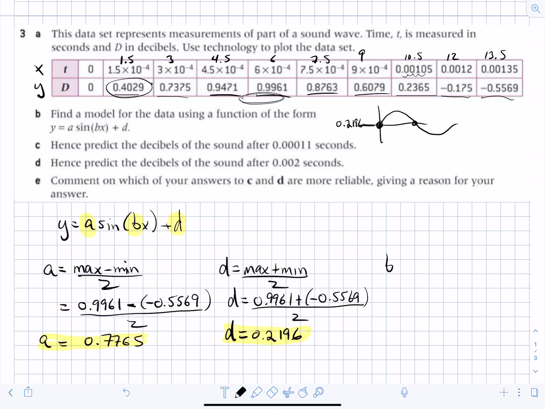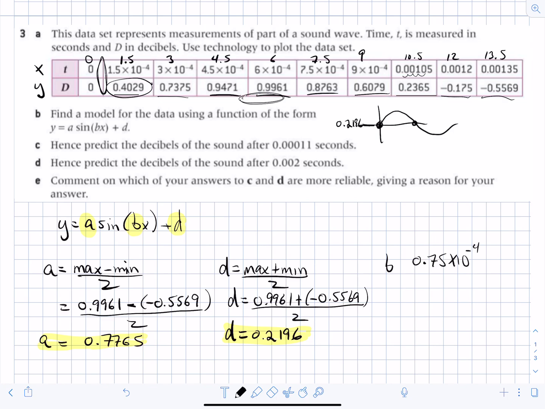When did that happen? Oh, I missed a point. It happened somewhere here. So the time would have been 0.75 times 10 to the negative 4. Don't forget that times 10 to the negative 4.